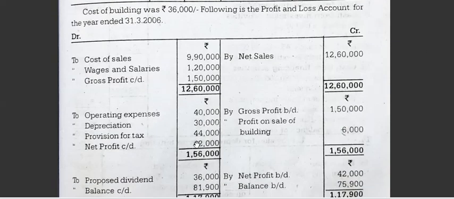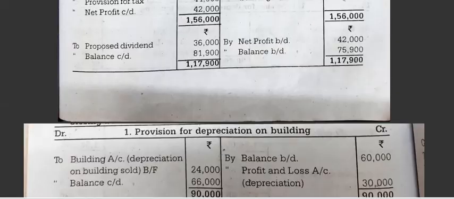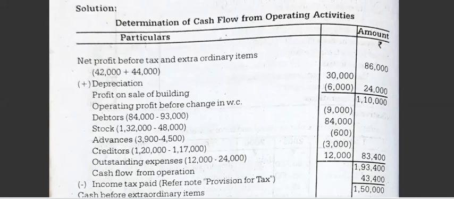Tax is excluded. So 42,000 plus 44,000, you will get 86,000. Why? Because we have to take the net profit before tax. Here tax is already deducted, so we have added it once again: 42,000 plus 44,000, it is 86,000. Check, you will get 86,000.